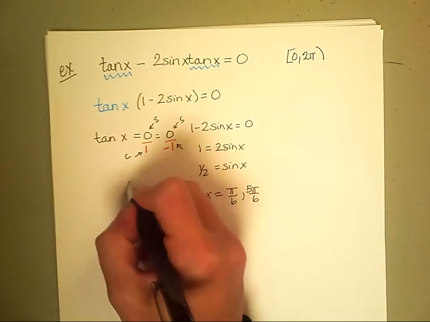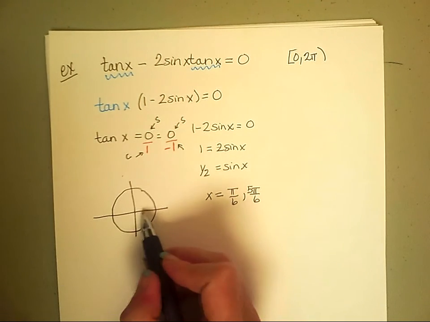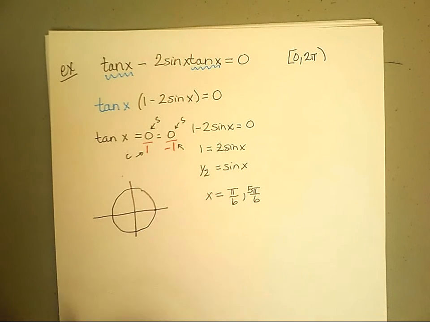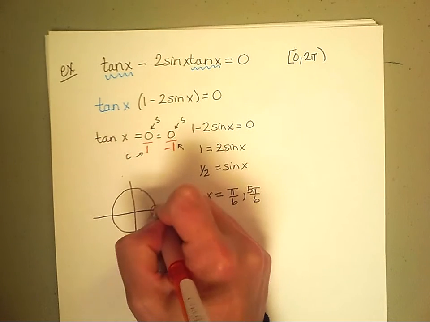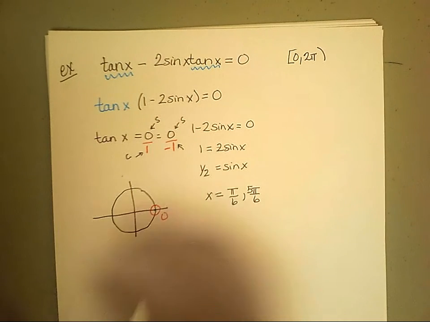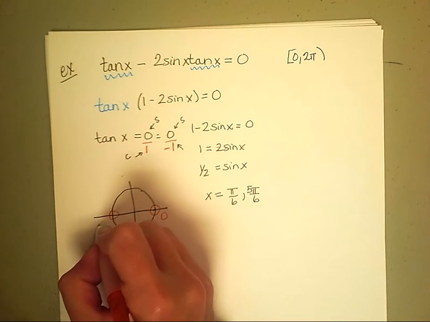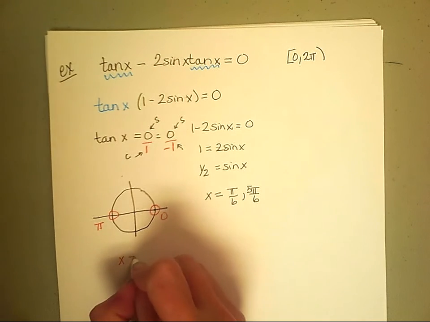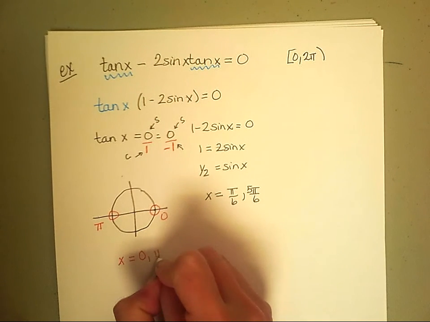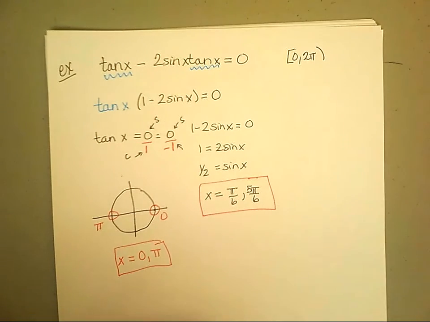And so we actually have two possibilities. So where is the sine 0? Here, and the cosine is 1. So we get one answer here, and that is just 0. The second possibility is where the sine is 0, but the cosine is negative 1, and that happens here at just pi. So we get x is equal to 0 and pi. So in this case, we have 4 solutions.